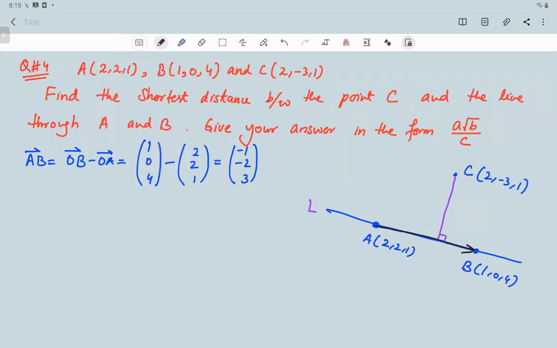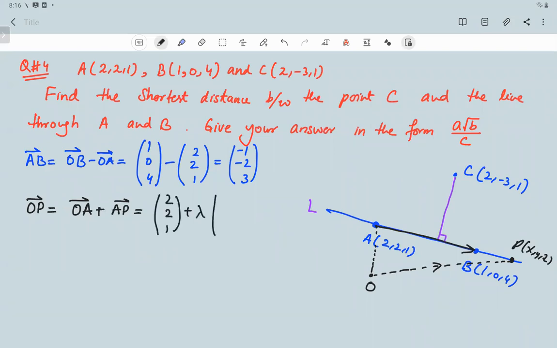So we assume a general point over here, and O is our reference point. We know that OA plus AP is equal to OP. So OP is equal to OA plus AP. And OA is 2, 2, 1.